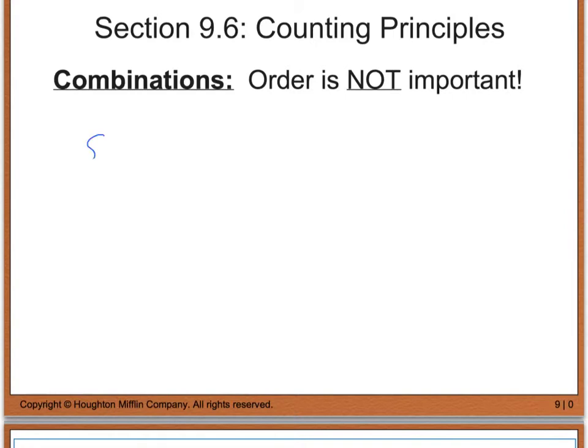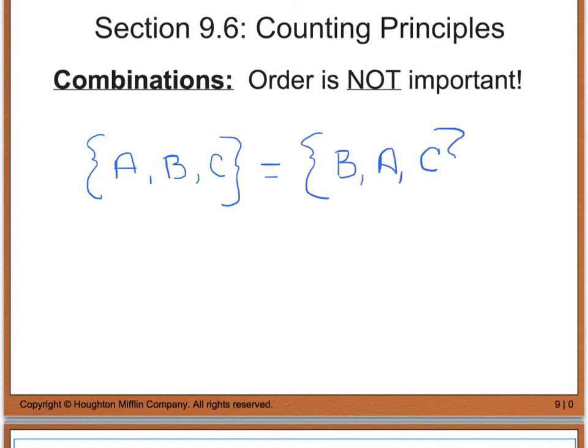So if I give you this set of letters, A, B, and C, technically with combinations, because order does not matter, I could rewrite that as B, A, C, and because both of them consist of an A, a B, and a C, and it doesn't matter what order, they are both equal. So this is what combinations mean: order does not matter.